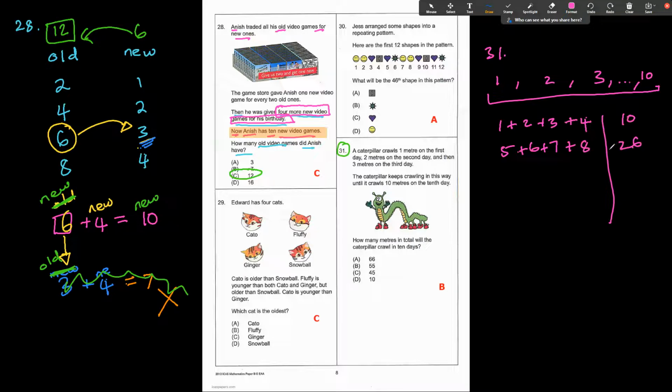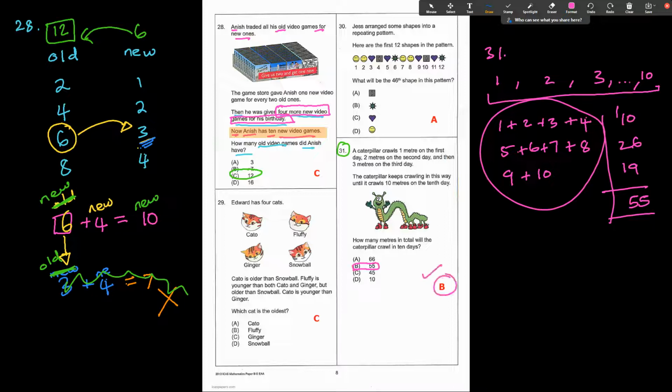Then we got 9 plus 10, which is 19. So if I add all of that up, which is going to be 15, 6 plus 9, carry the 1, 1 plus 1 is 2, 2 plus 2 is 4, 4 plus 1 is 5. So my answer is 55. And that's my answer there for B.